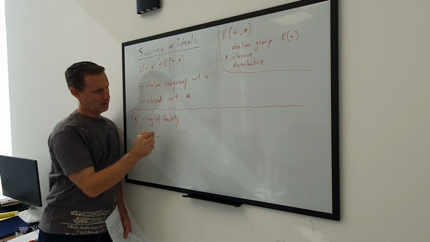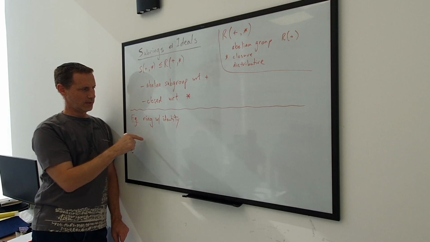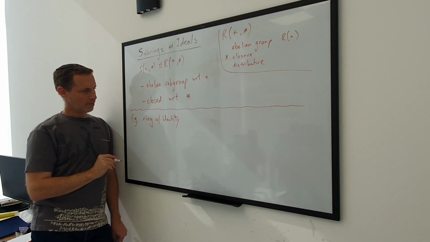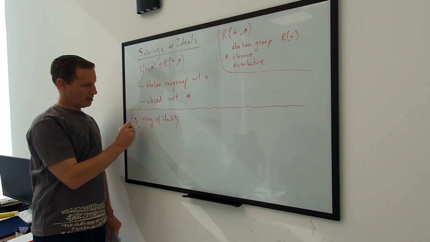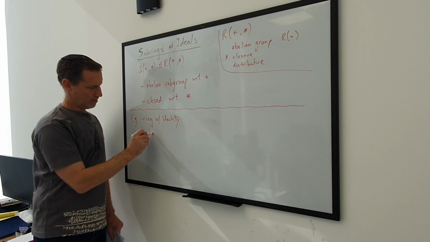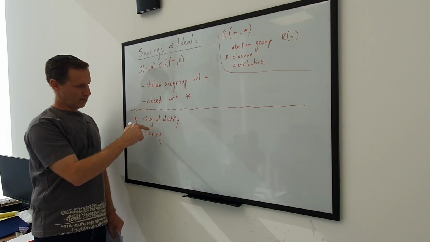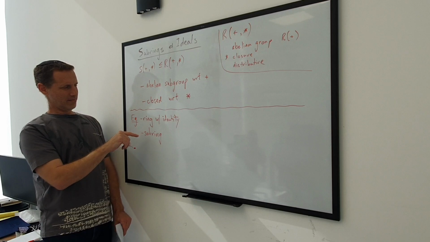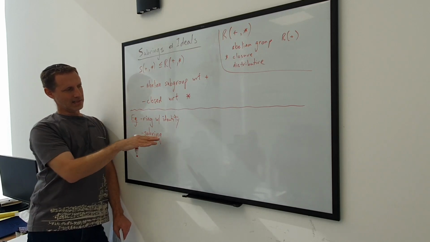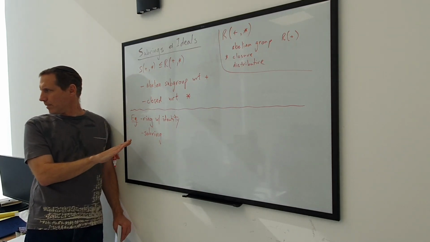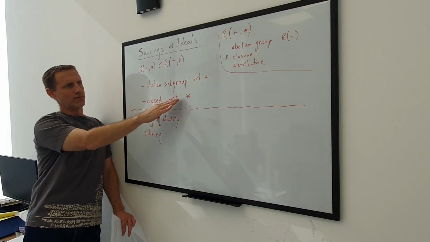Soon I'll give an example of when this works and when this doesn't work. So I can define a subring for this ring, and it doesn't need to be with identity or with anything, so long as it's closed for multiplication.